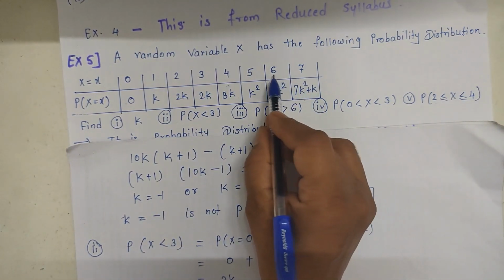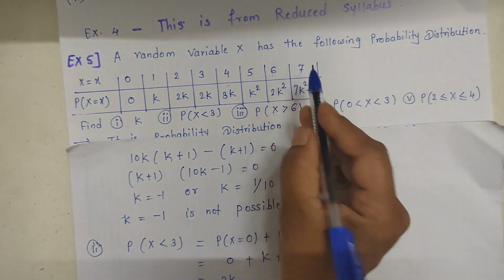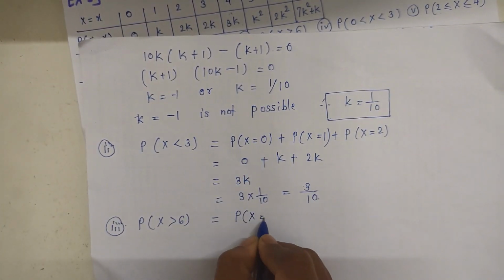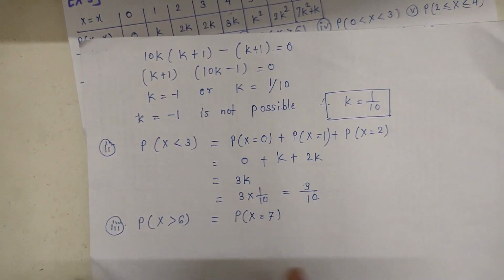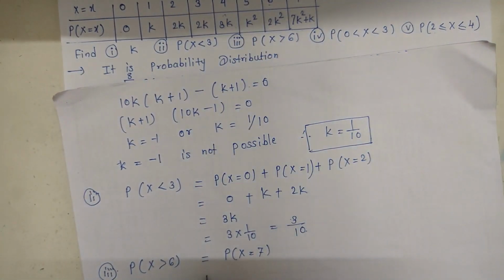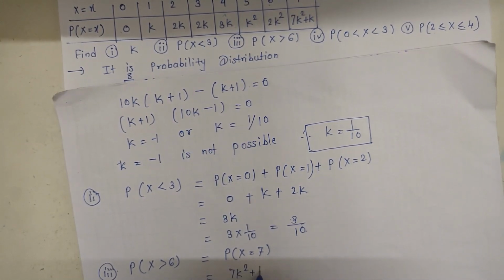The greater number for x greater than 6 is only 7. So here write only probability for x is equal to 7, which is greater than 6. And here the probability for x is equal to 7, which is given in the distribution table, is 7k square plus k.